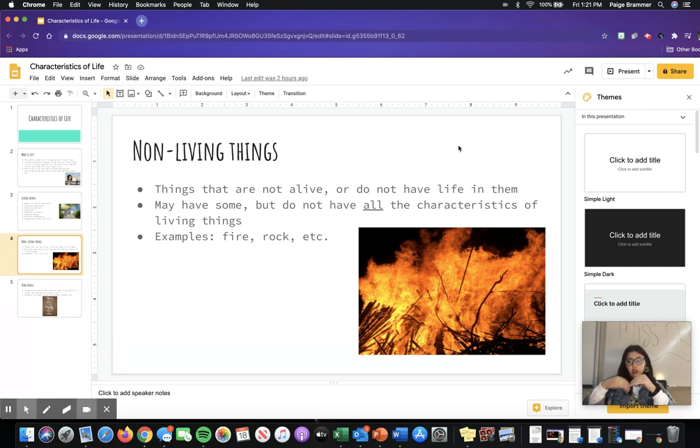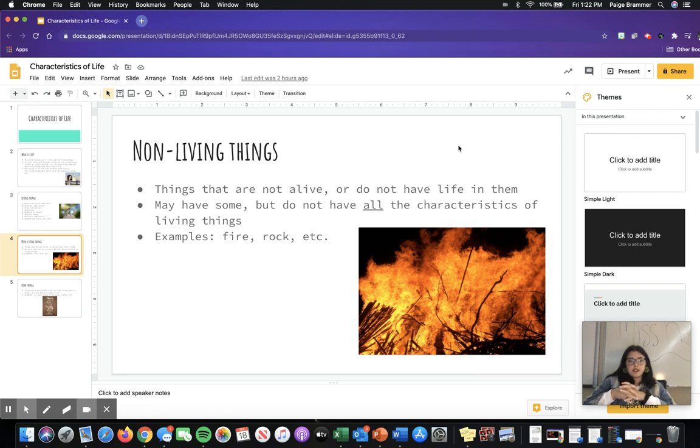A fire can grow. It responds to stimuli. If there's more oxygen in the air, then it combusts more. It responds to gasoline. If gasoline is poured on it, it gets hotter and bigger. It responds to wind. It moves.